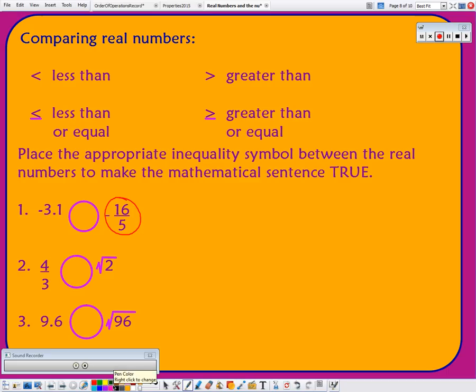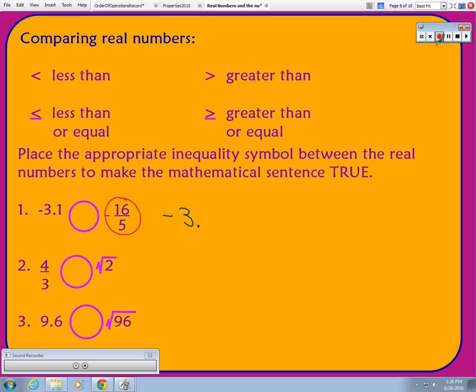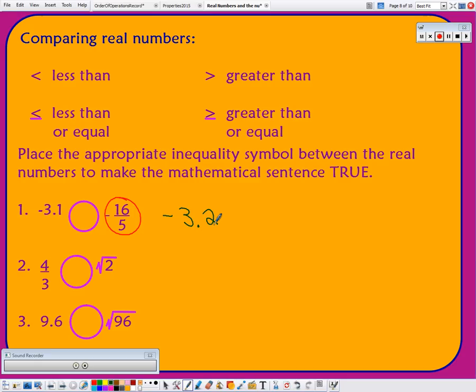I know that 5 goes into 16 3 times. So it's negative 3, but do we know what it is? You won't hear me say to use a calculator very often, but if you use 16 over 5, you'll see that it's negative 3.2.